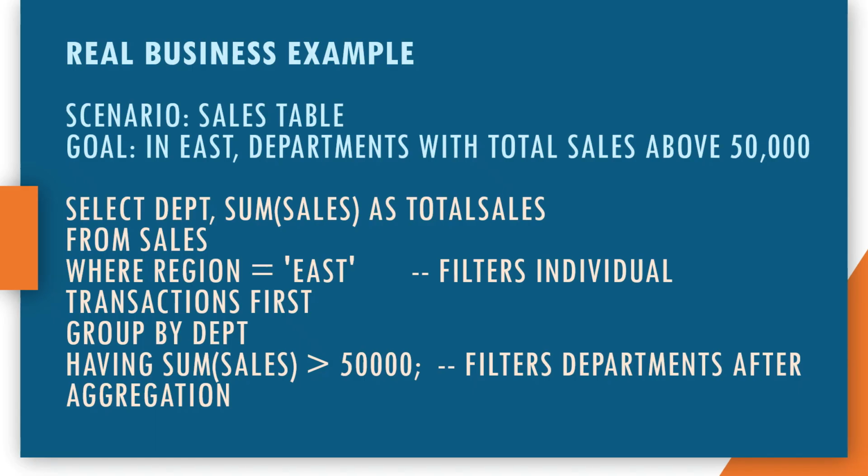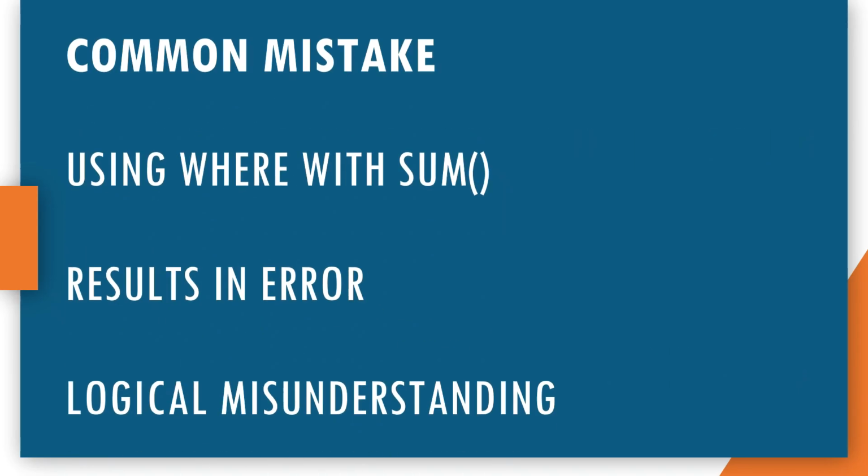I hope this explanation has clarified the concept. A common mistake is trying to filter aggregated values with where, like where sum of amount is greater than 50,000. This causes an error because sum hasn't been calculated yet when where runs. Once you understand the execution order, rows filtered first with where, then grouped, then aggregated, then filtered with having, this confusion disappears.